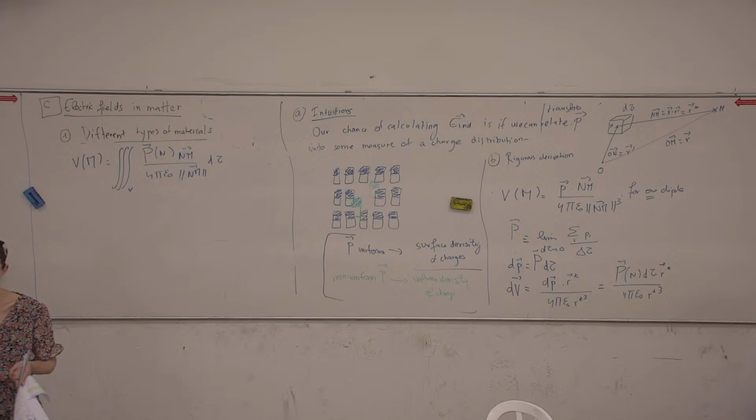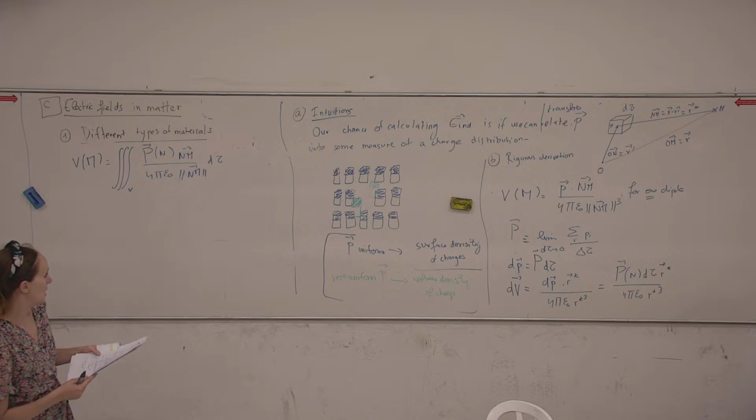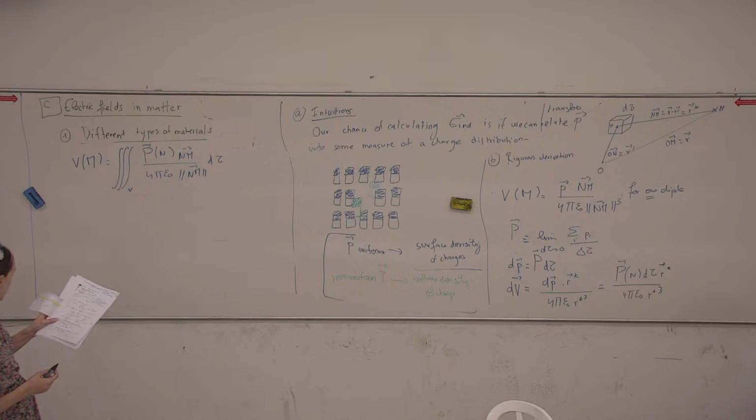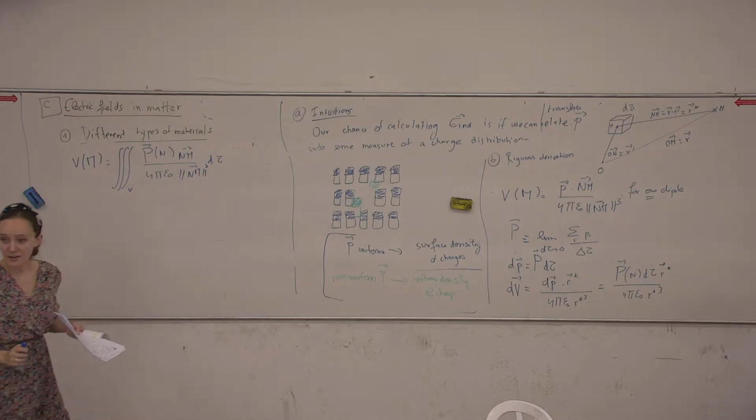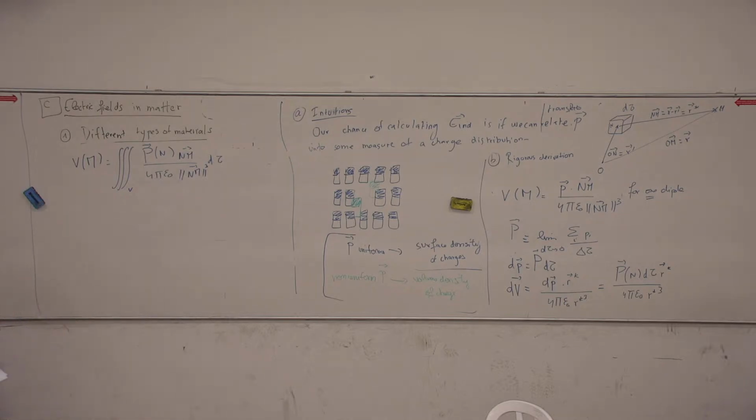It also corresponds to the reality of a neutral material where all my atoms or molecules are small dipoles, and I'm asking, okay, I know how to write the potential from one dipole, and now I'm integrating it over the entire volume. What will be the total potential? But you can have monopoles, no? But not in my neutral. I don't have monopoles in my neutral dielectric. Okay, so this is V.